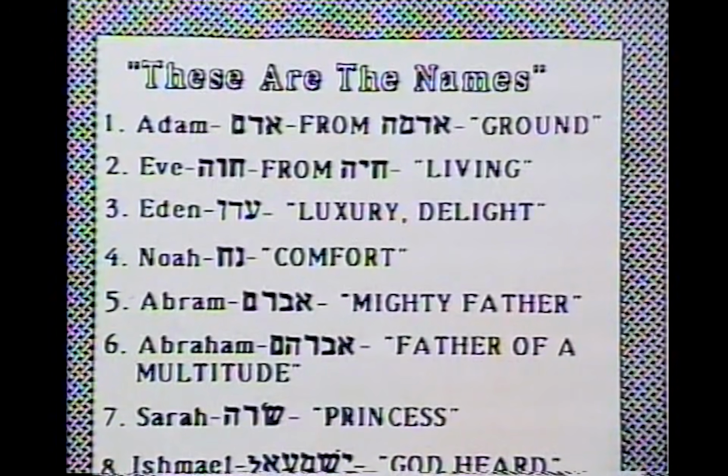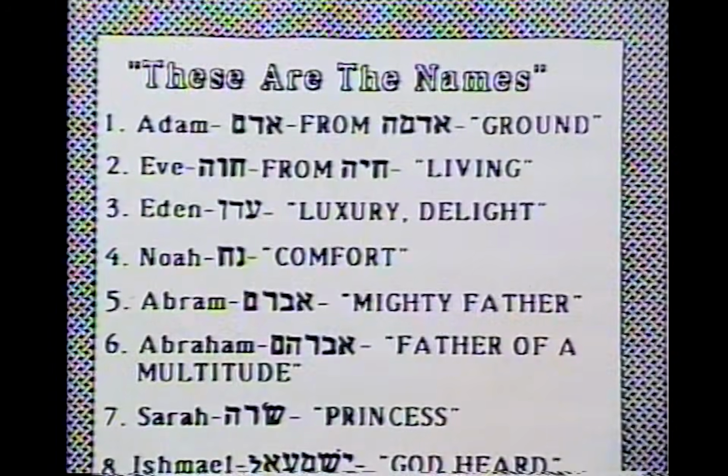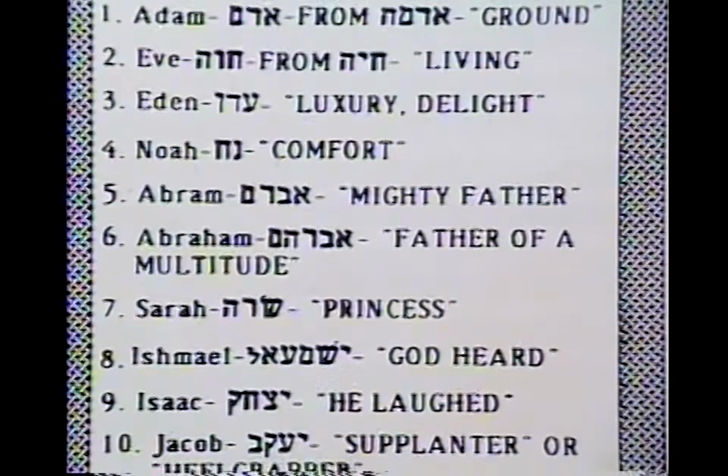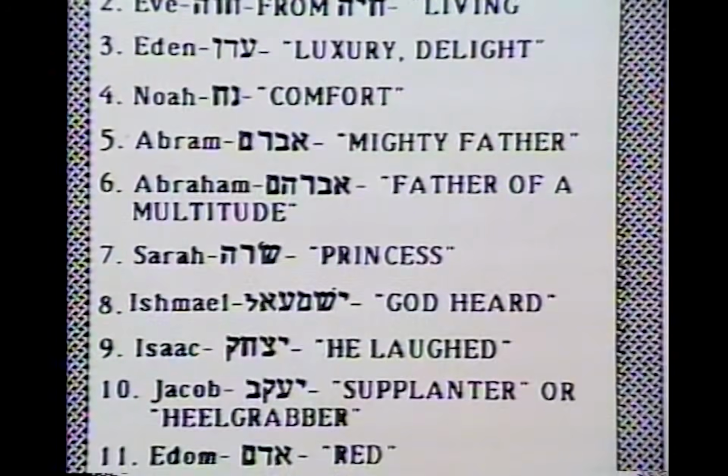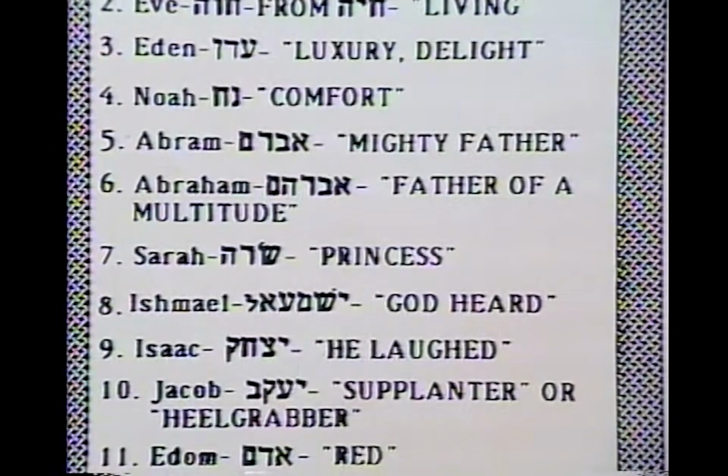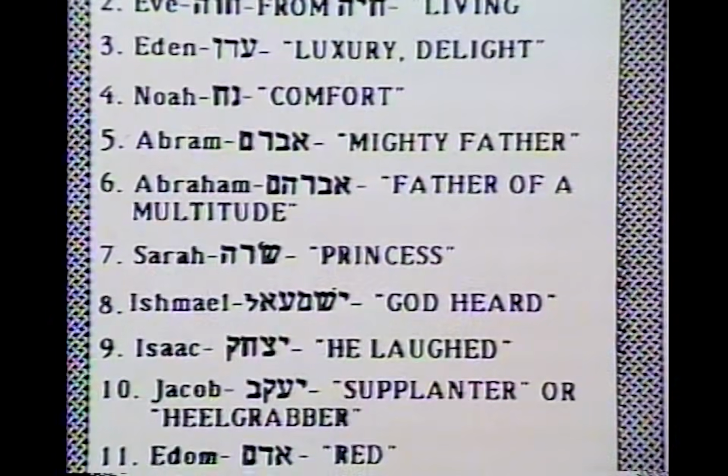The word Eve comes from Hayah, which means living. Eden is a word that has its root meaning luxury or delight. The word Noach means comfort. Avram means mighty father, and of course God changed his name to Avraham. That means father of a multitude.